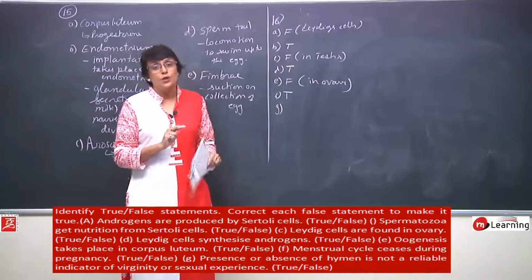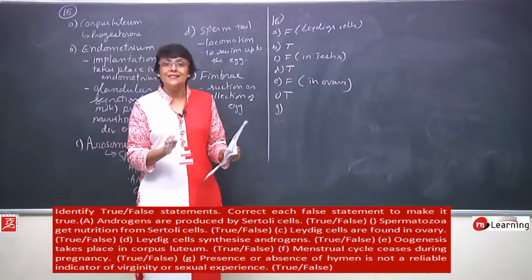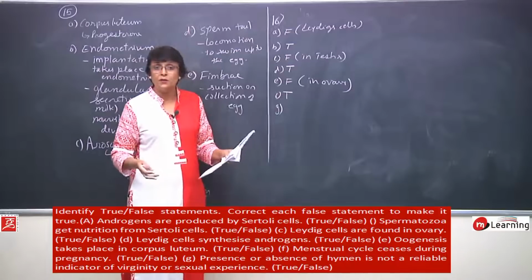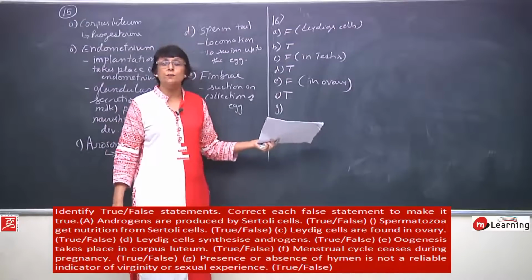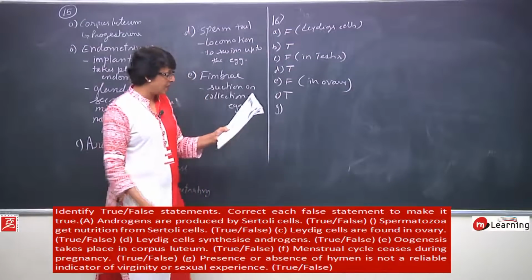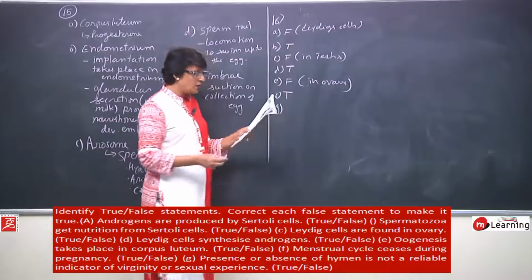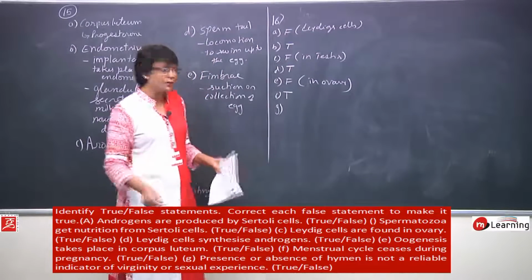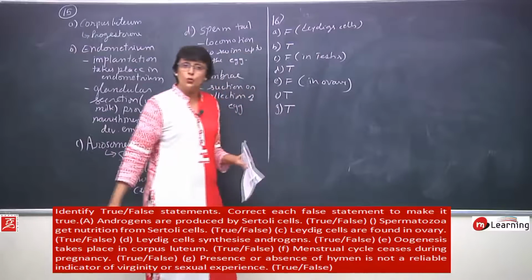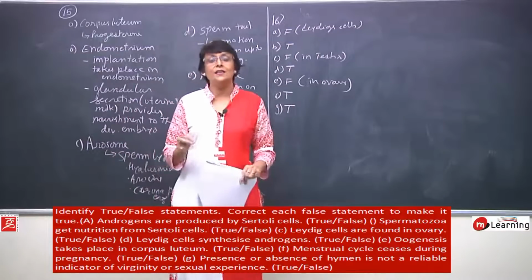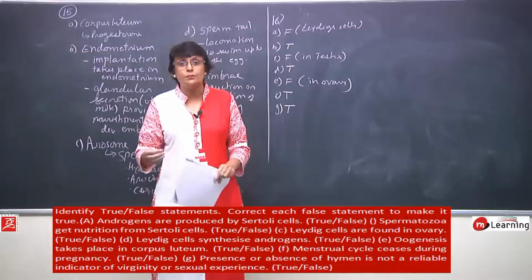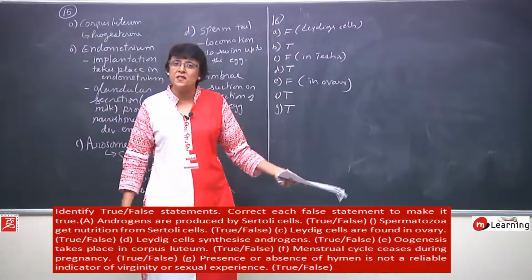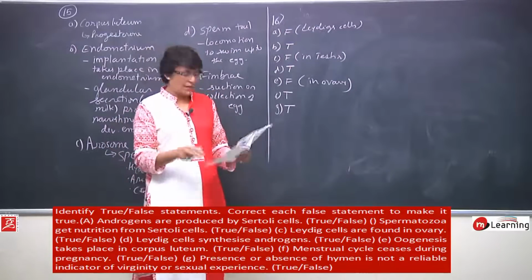So, it is not a clear test of virginity or sexual experience. It can get damaged even because of physical activities. So, this statement, presence or absence of hymen is not a reliable thing, is correct. It is true because it is not necessary that it would rupture or it has ruptured due to sexual intercourse or due to some kind of physical activity. So, it can be misleading also.